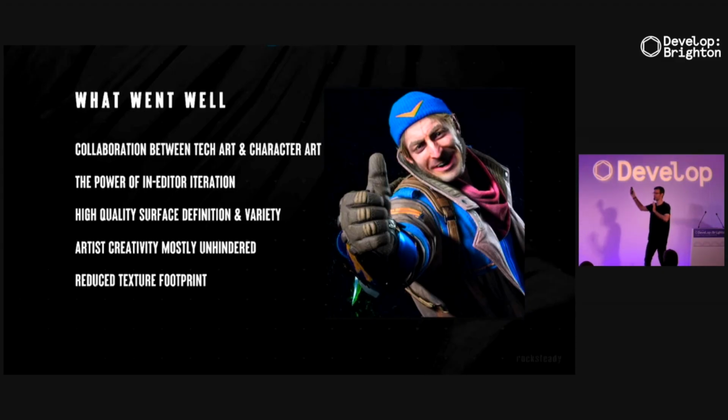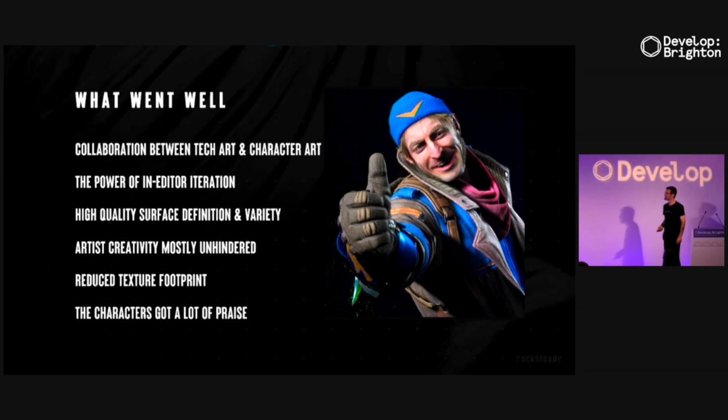But even going down to 1K or 512, that was a huge improvement that we couldn't have done traditionally because of how that works. And finally, the characters got a lot of praise, which I guess is what we care most about. Not the praise itself, but the fact that we did a good job, I guess.